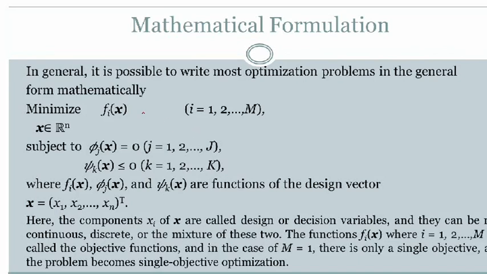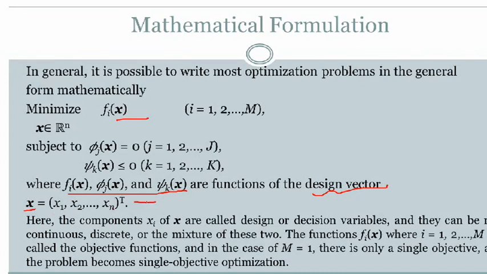This is called the objective function, and these three are also called design vectors, where the vector x itself is described as x1, x2, these are scalars, up to xn, that is an n-column vector, as we have transposed it as a whole.